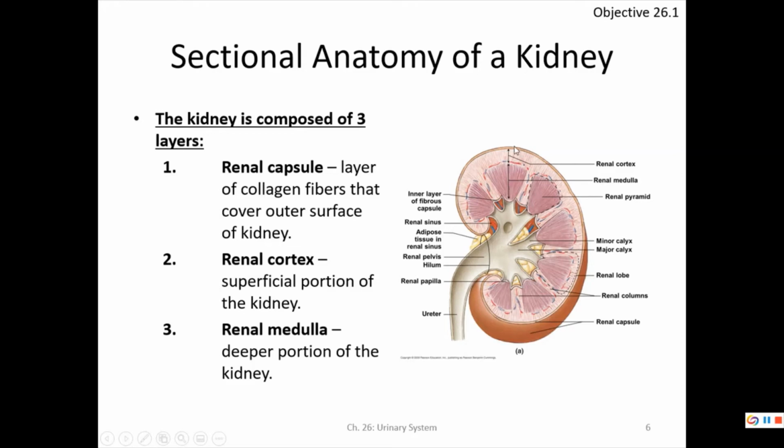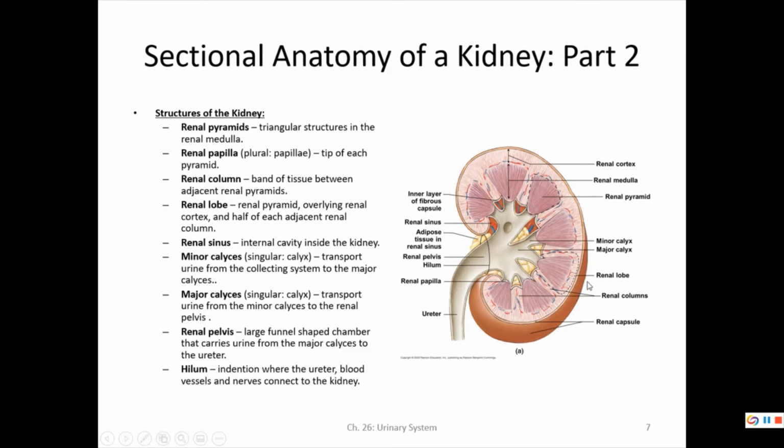So capsule, cortex, medulla. Medulla is deeper. Medulla, cortex, capsule.